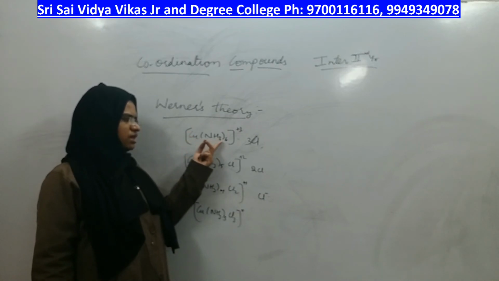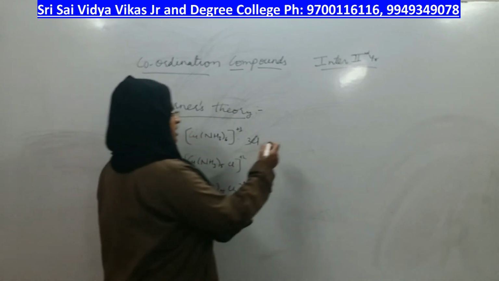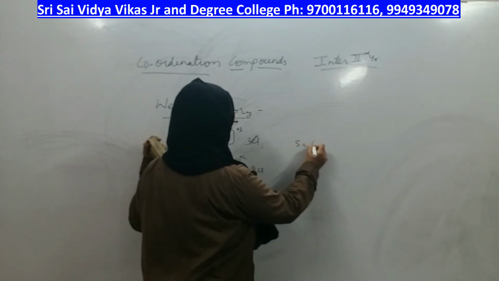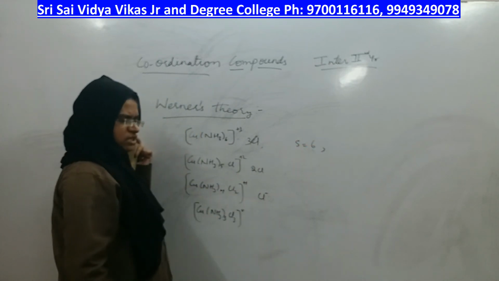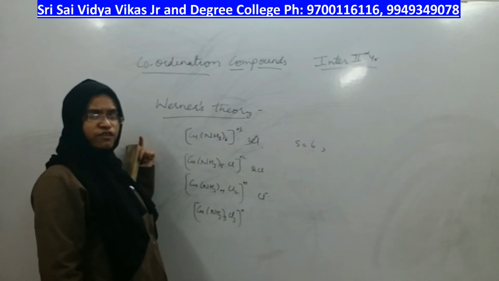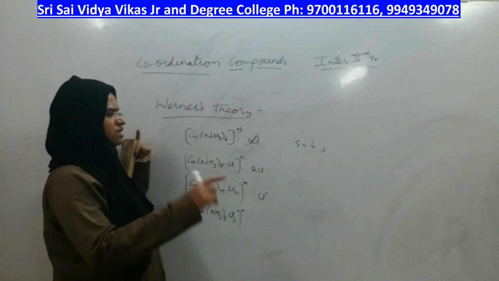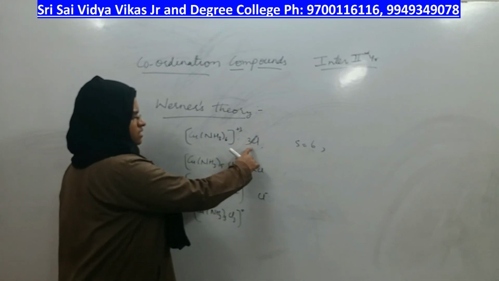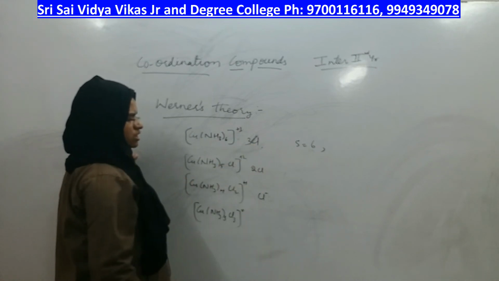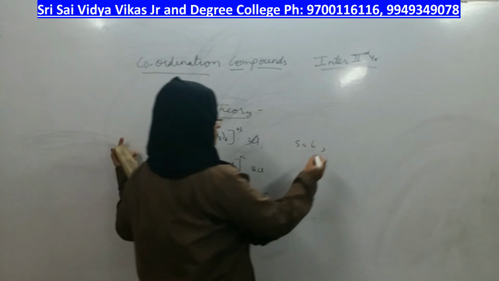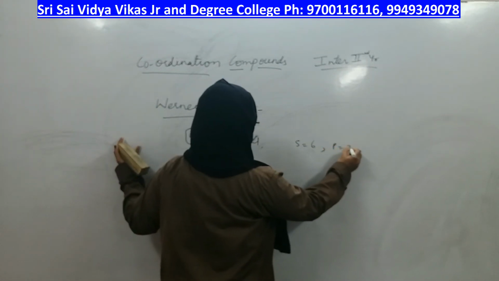Here 6 ammonias are present, therefore secondary valency is 6. What is the primary valency? The number of negatively charged ions present outside the coordination sphere is called primary valency. In this case, 3 Cl minus ions are present outside the coordination sphere, therefore primary valency is 3.